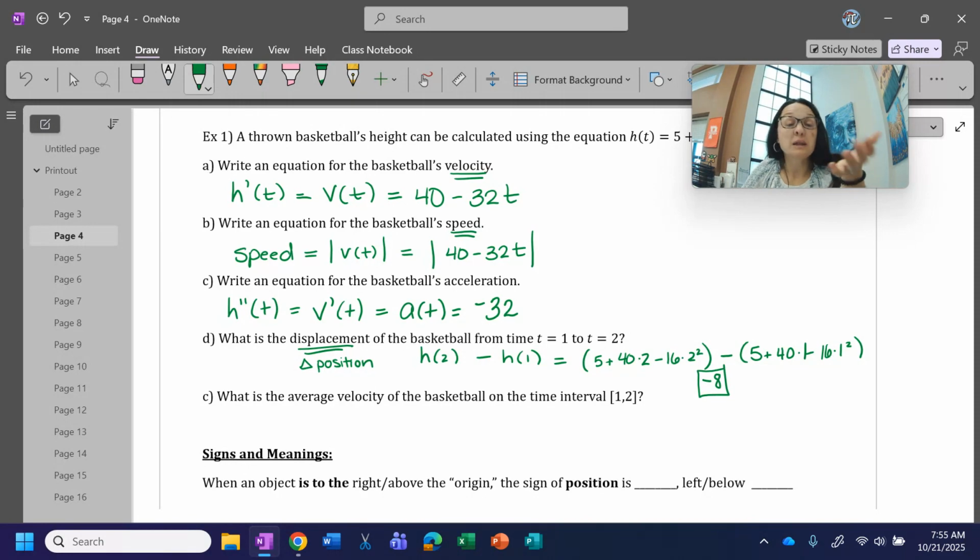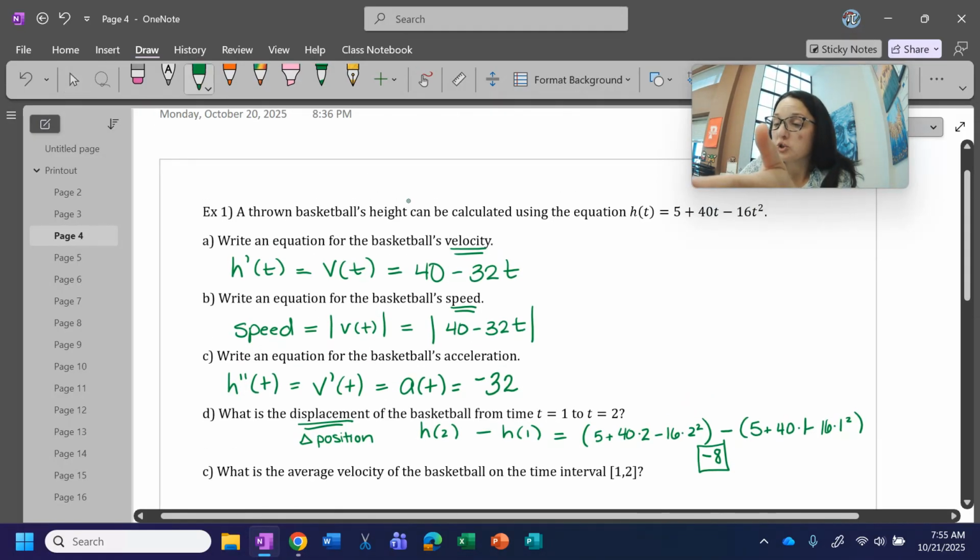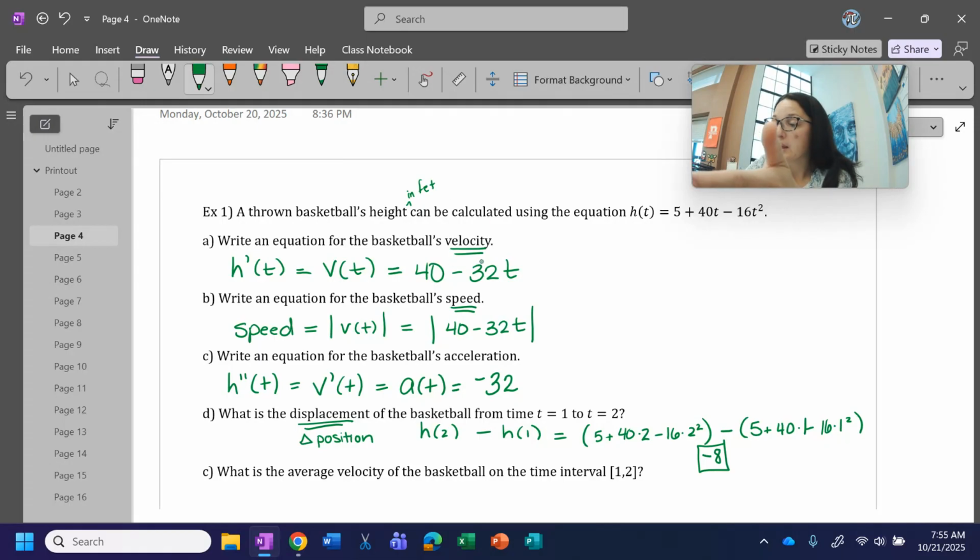Now, what does that mean? Let's talk about that for a minute, and maybe some units. It says a thrown basketball's height, I should have said in feet, can be calculated using this equation where t is in seconds.